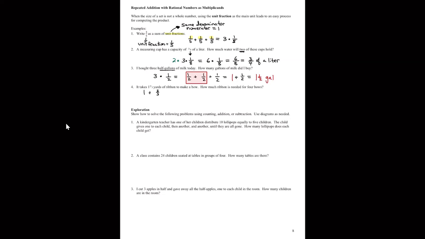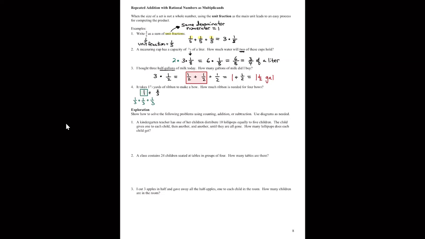We're just doing what I just did in reverse. That 1 could be thought of as 1/3 plus 1/3 plus 1/3. And I need to do this for 4 bows.